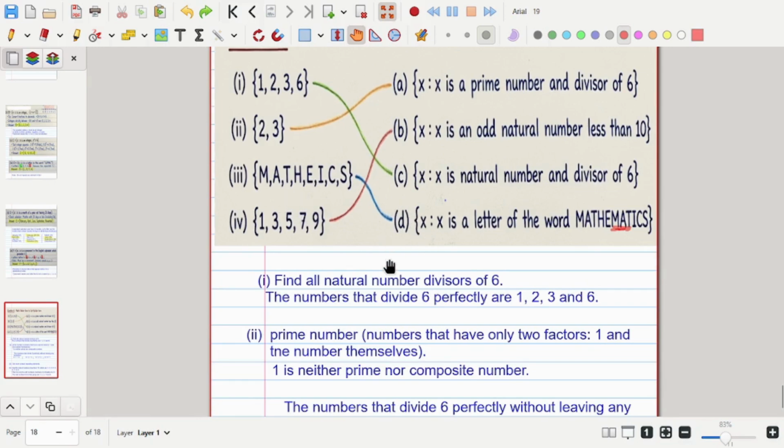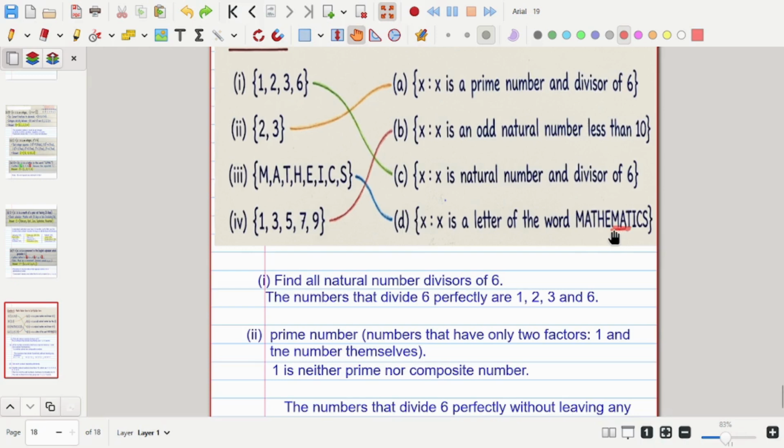This is mathematics. Mathematics means M, A, T, H, E, M, A, T, I, C, S. M appears two times, therefore the set doesn't contain the repeated element.